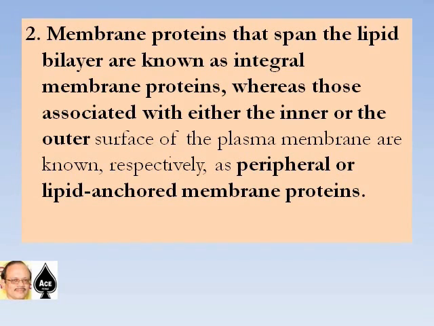Membrane proteins that span the lipid bilayer are called integral membrane proteins, whereas those associated with either the inner or the outer surface of the plasma membrane are known as peripheral or lipid anchored membrane proteins. The inner is the peripheral and the outer is the lipid anchored membrane protein.